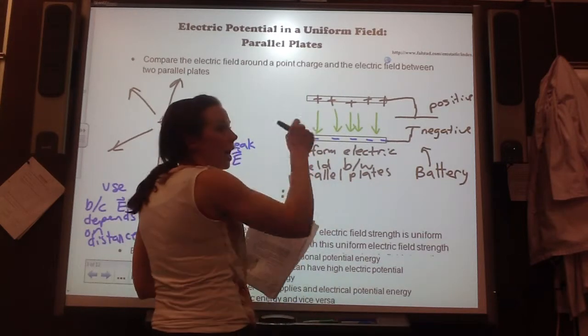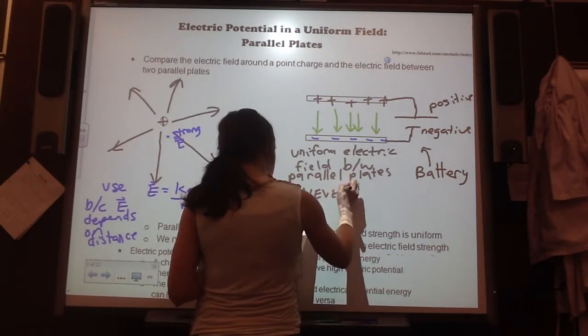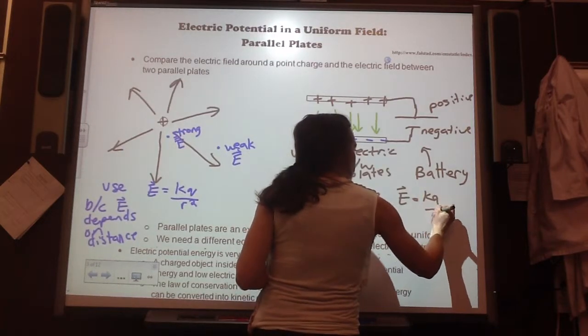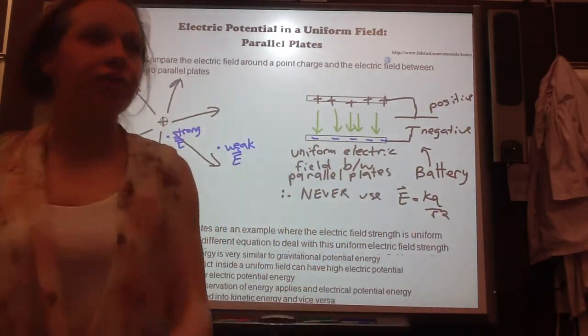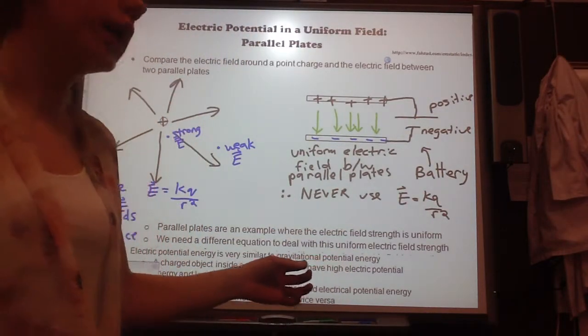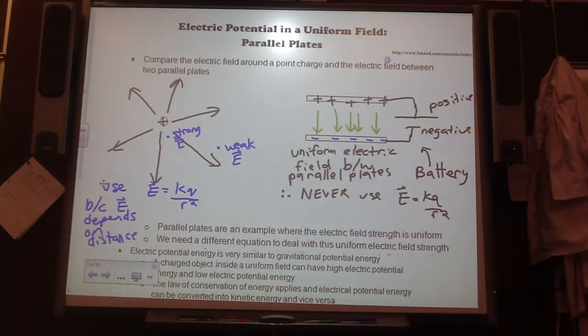Therefore, if you have a parallel plate question, you never use E is equal to kQ over r squared, because the electrical field strength doesn't depend on the distance from a point charge. For parallel plates, we need different formulas because the strength of the electrical field depends on different things. There is a factor of distance, okay?